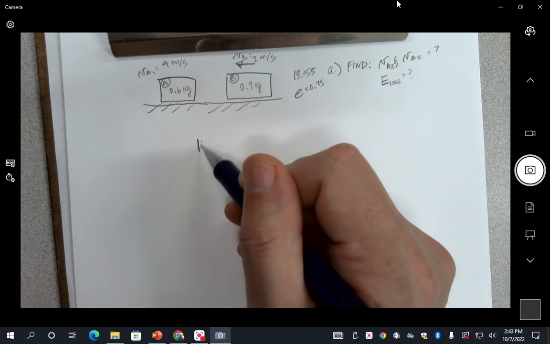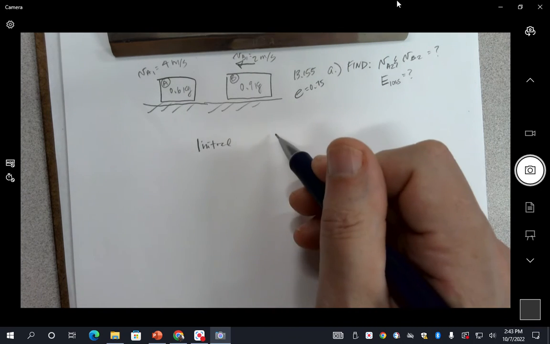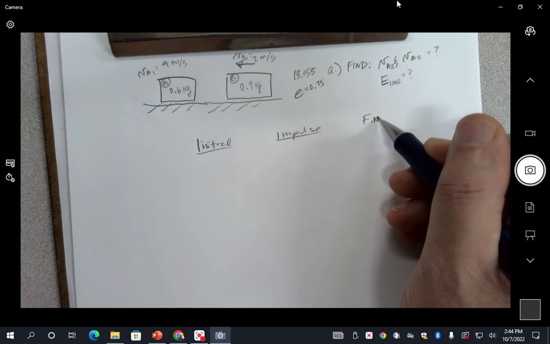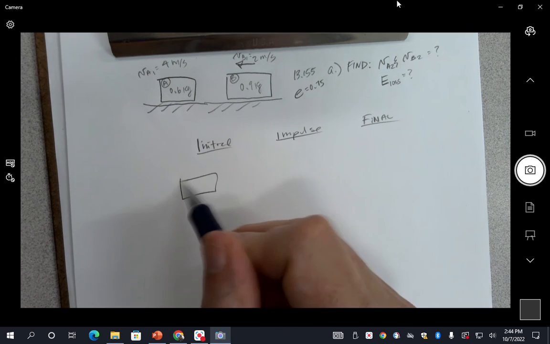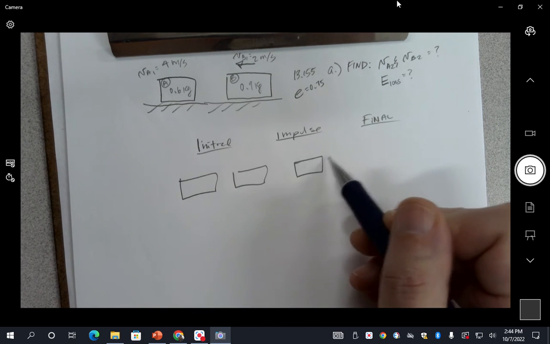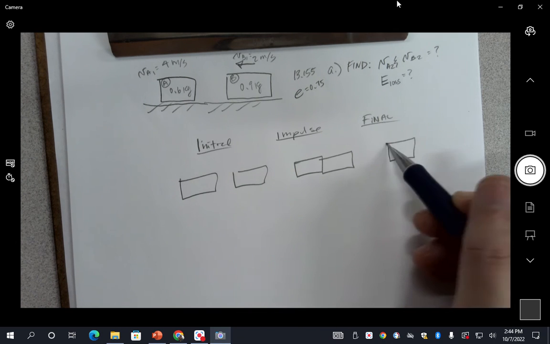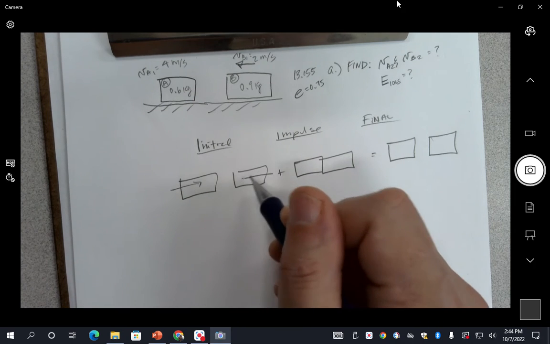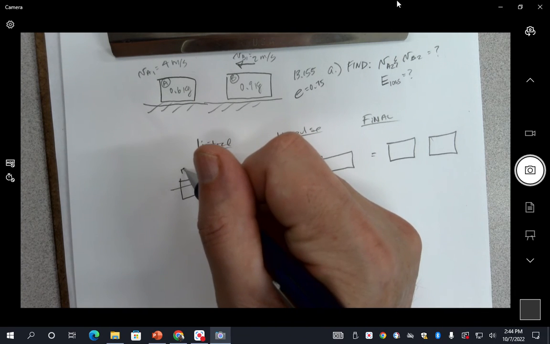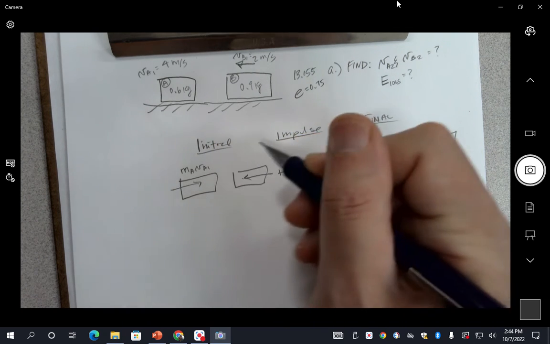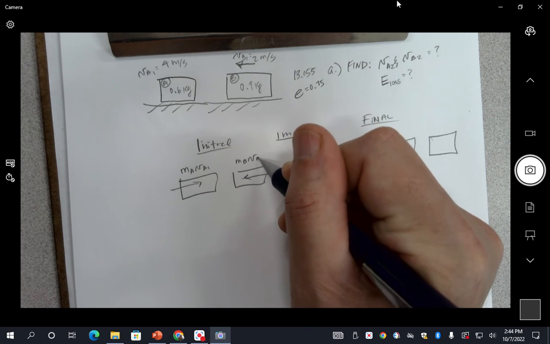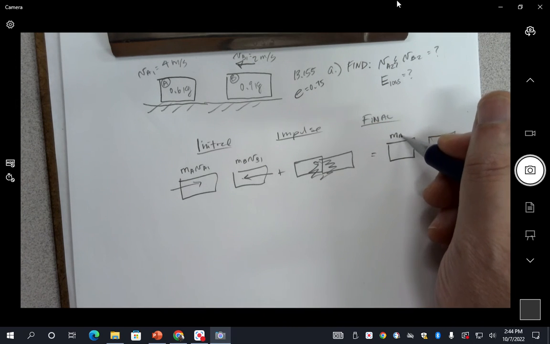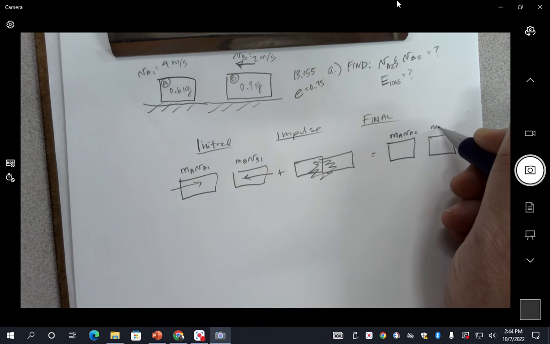So we go MAVA1, MBVB1, kaboom, and then MAVA2, MBVB2.